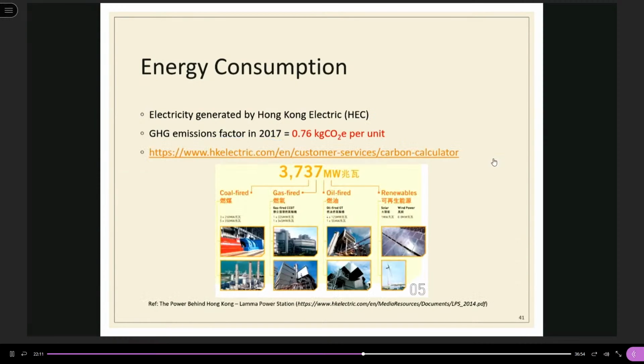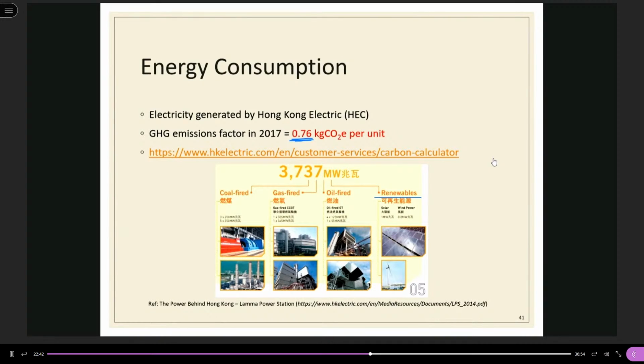For HEC, the greenhouse gas emission factor is 0.76. So compared to the CLP, the factor is larger. It is because the HEC didn't rely on nuclear power. They just burn coal and natural gas, and a very small amount of renewable energy.